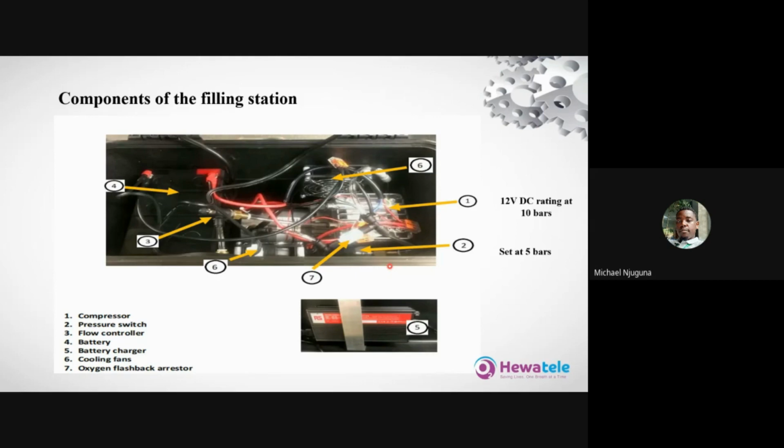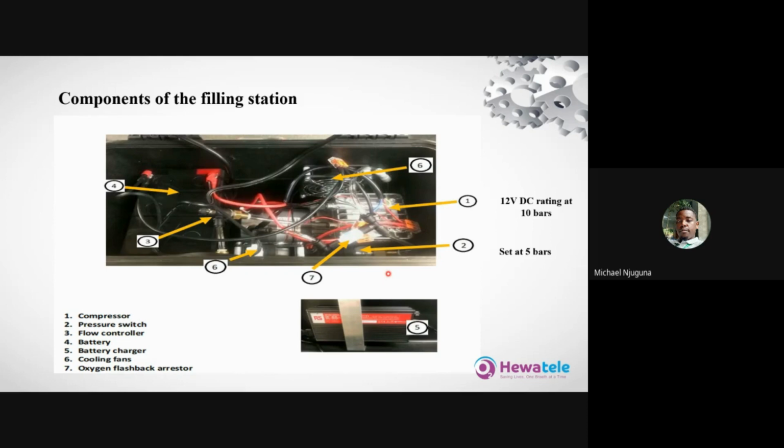So number one, which is the silver device over there, is the compressor, which has a 12-volt DC rating, and its output pressure is 10 bars. Number two here, just adjacent to the compressor, is the pressure switch set at 5 bars.